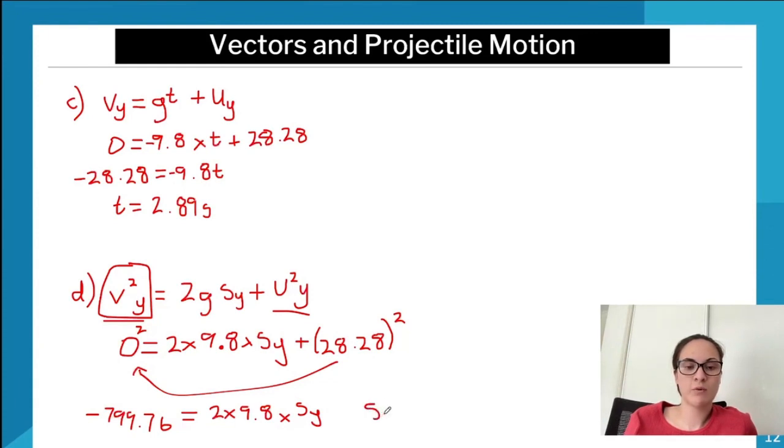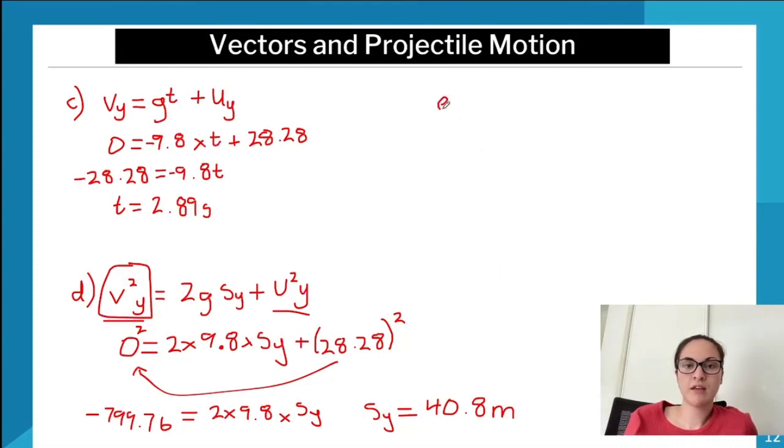So then we're going to end up with Sy equal to a number, and that number will be, okay, we're thinking negative 40, but once again we can't have a negative distance. We're just going to negate the negative. I'm going to say 40.8. So apparently, according to our math, at 40.8 meters high, that displacement, that's when we reach our max height.